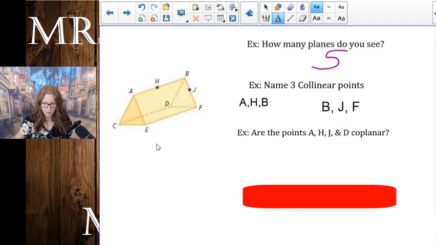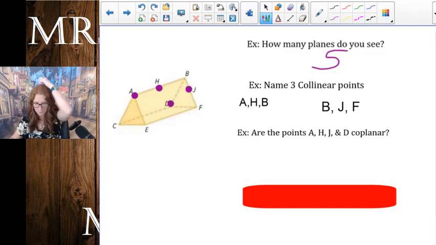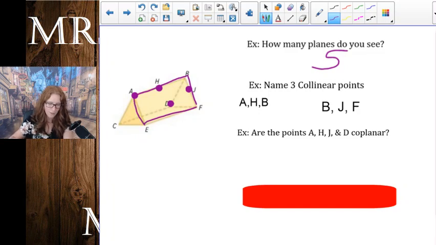Next question, are the points A, H, J, and D coplanar? So what I'm going to do is point out where those are. A is here, H is here, J is here, and D's way over there. So I want to say yes for 3 out of the 4, because if I were to draw my line here describing the first top plane, I have 3 out of the 4 points. But point D sits in the corner of the triangle plane.